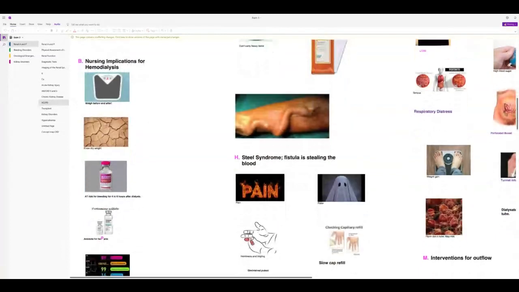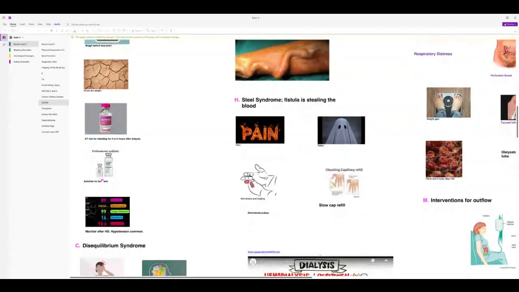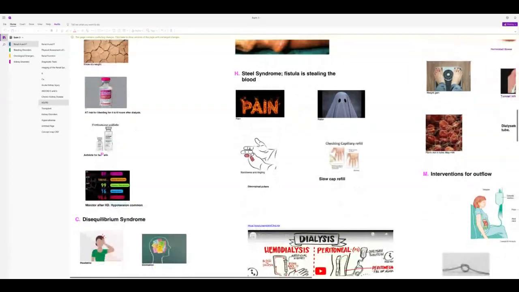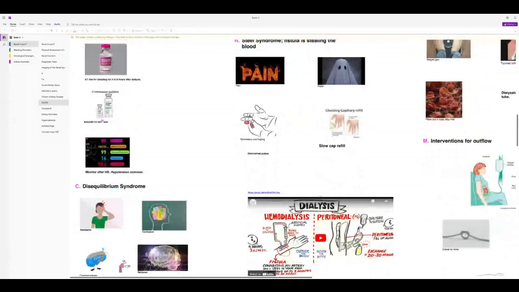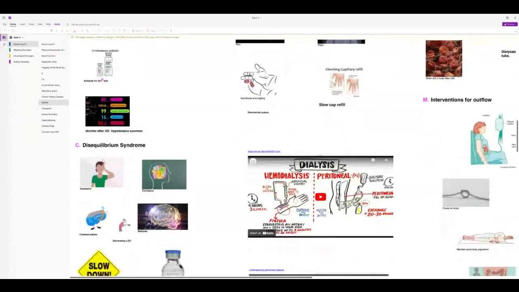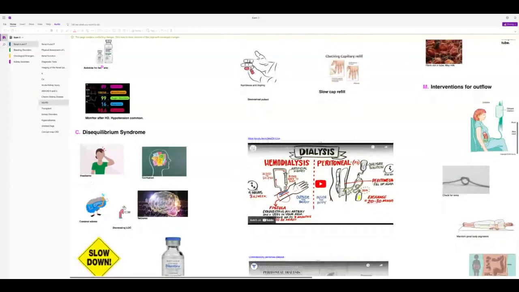So make sure you have protamine sulfate on hand, but also recognize that the patient cannot have any kind of invasive procedure 4 to 6 hours after dialysis. Monitor for hypotension. It's very common. And then disequilibrium syndrome usually happens because the dialysis is run too quickly and there's too much sodium taken off the brain and they get cerebral edema, okay?